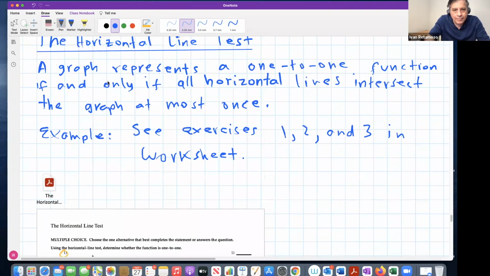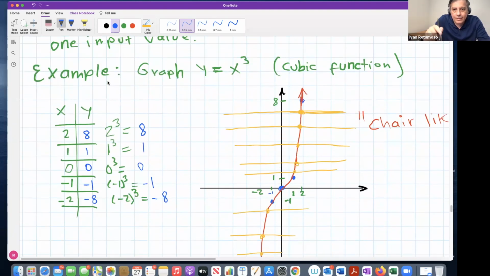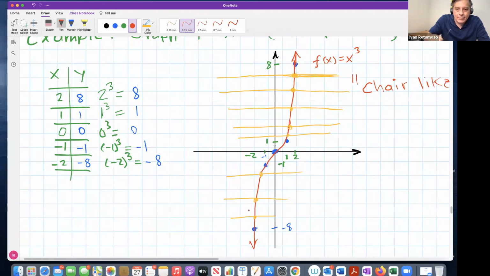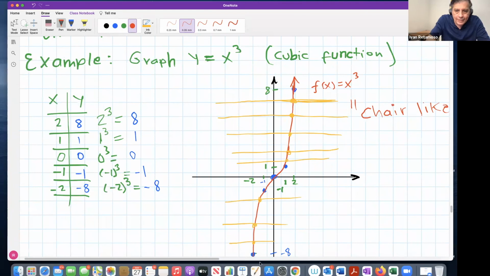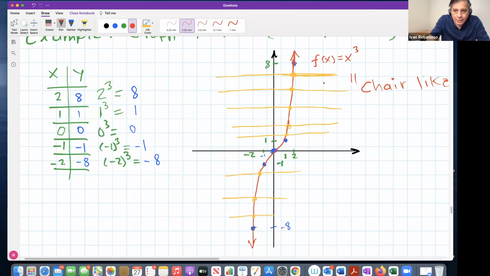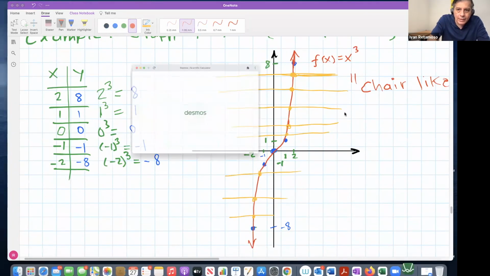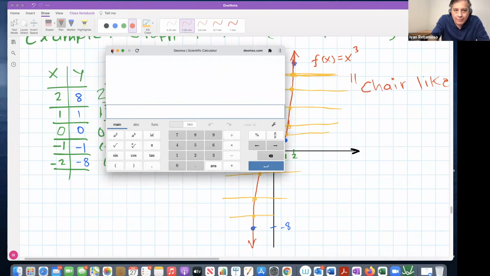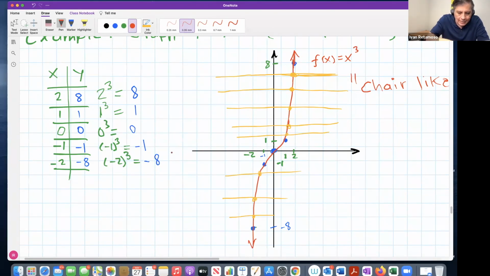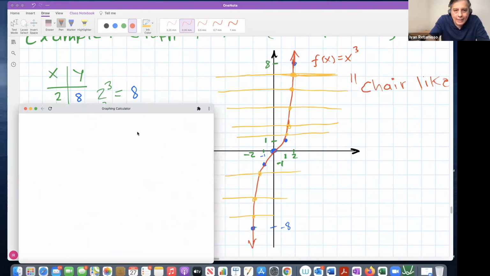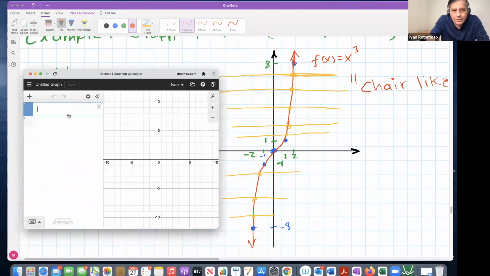By the way, let's just mark here f of x equals x cubed. The cubic function always has this chair-like graph. One more thing: if you want to confirm that this is the shape of a cubic function, use your tools. We have the Desmos scientific calculator, but also the Desmos graphing calculator.